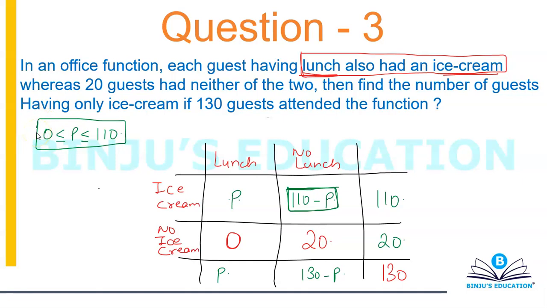The questions can be formed in many ways. For example, in case of GRE, they can give you multiple options. So anything from 0 to 110, including both of them, will be your answer. They can also ask you how many possible values of p there are, or how many different possible numbers of people can be having only ice cream. That can also be the question. So you need to know, because these types of questions will come in the exam.